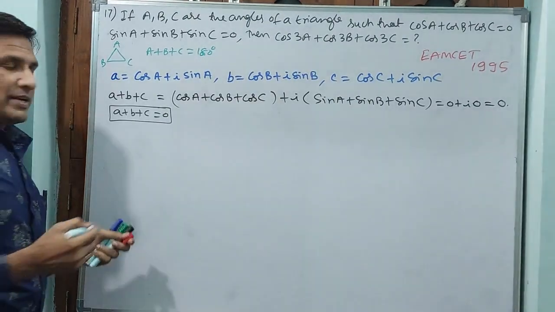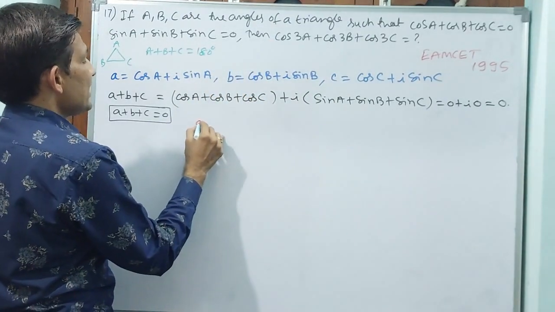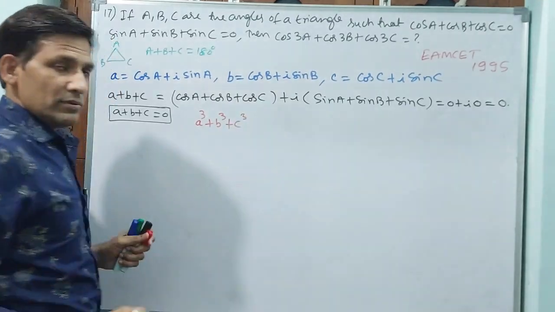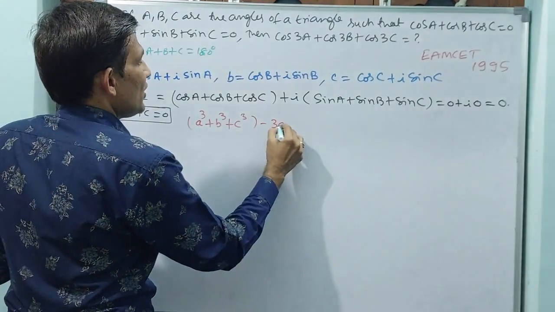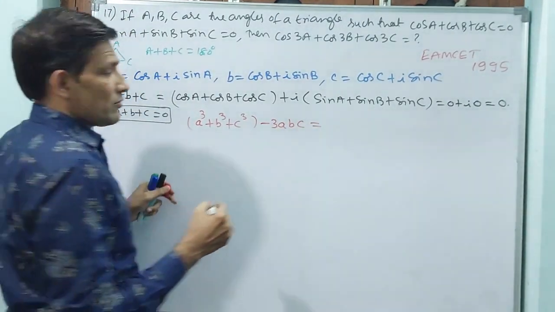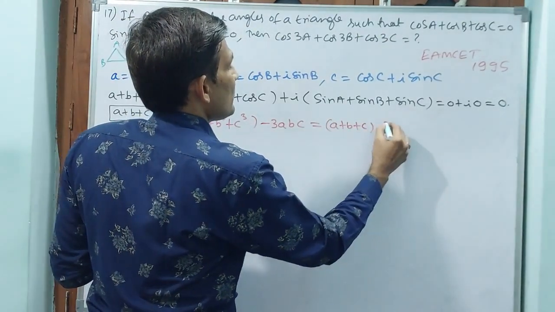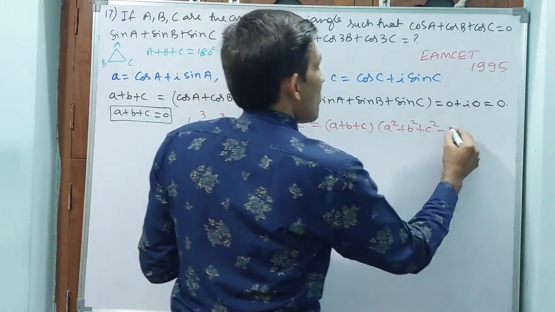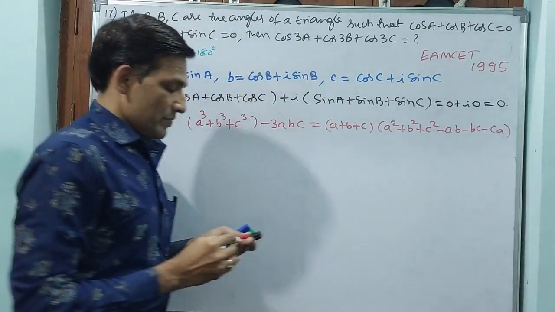Now what I am going to do? You see what I am writing. Now you see, 3abc you want. Shall I write like this? A cube plus B cube plus C cube minus 3abc is equal to, you observe carefully what I am doing, A plus B plus C into A square plus B square plus C square minus AB minus BC minus CA.